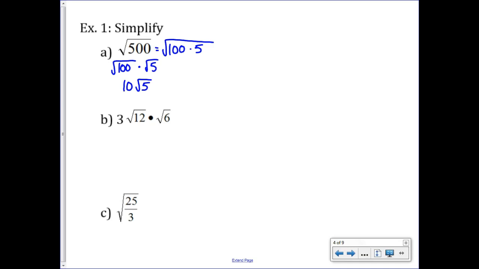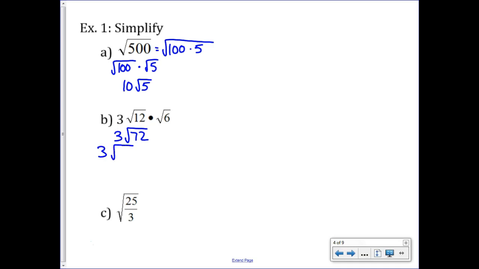Alright, and this next one, I'm going to use that rule in reverse. I'm going to go ahead and take that 12 and that 6 and multiply them together. So I end up with 72 as my radicand. And then I want to come up with the largest perfect square that I can take out of there. So that 3 is still going to be up front.